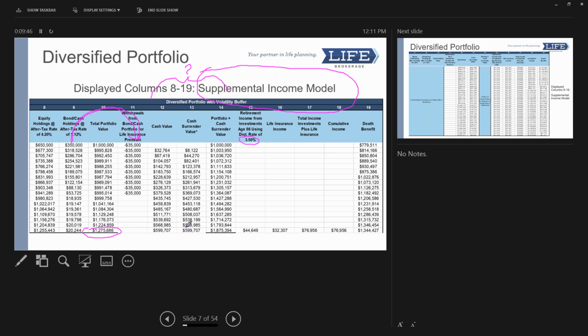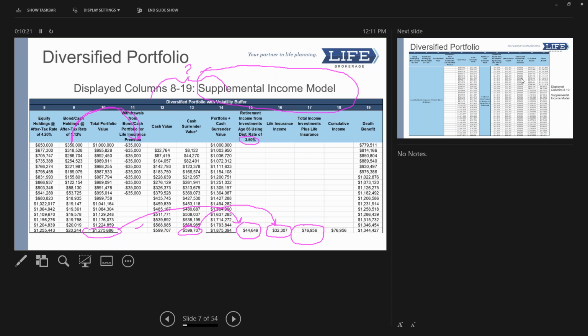Plus, you will have roughly $600,000 in cash value life insurance, in which you can take $32,000 of tax-free income per year. So you have $44,000 from your portfolio, which is 3.5% of 1.2 million, and $32,000 from your $600,000 of cash value life insurance, which gives you $76,000 of annual income. Almost, let's call it 40% of that is income tax free.